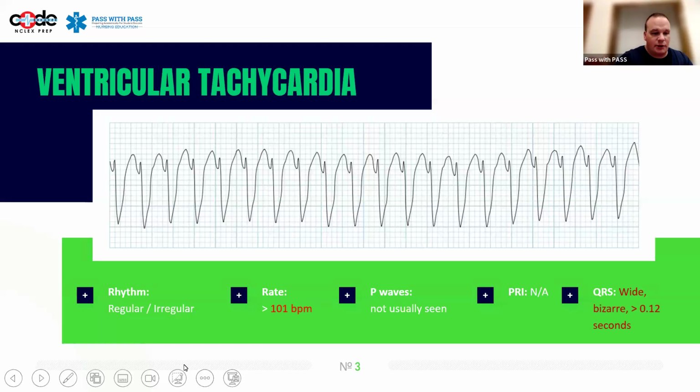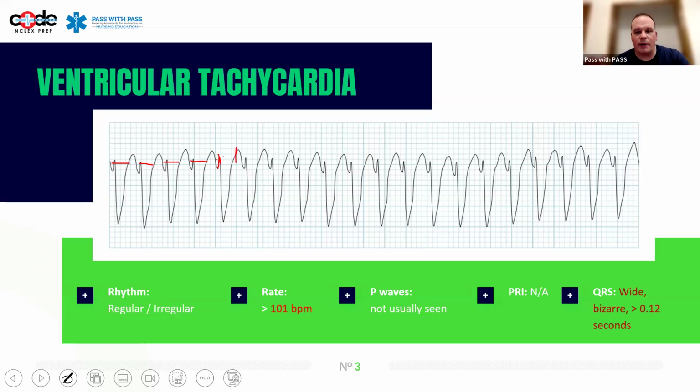Okay. So as a quick review from last week, remember, ventricular tachycardia is a wide complex tachycardia. And what I mean by wide complex is, the QRS complexes are wider than 3 small boxes, or 0.12 seconds. Okay. And I would really be measuring about there to there. Okay.